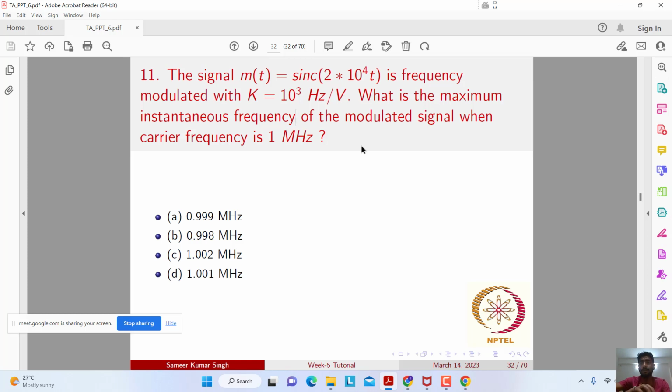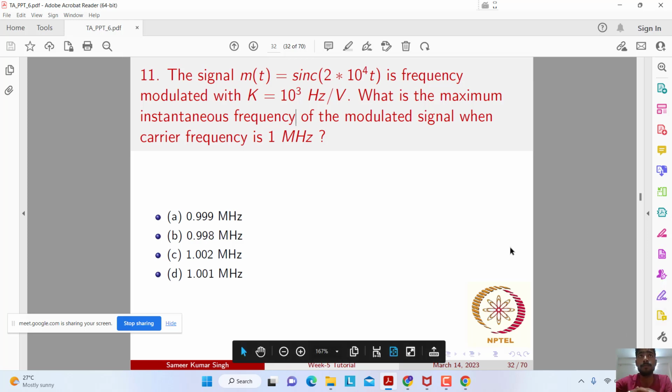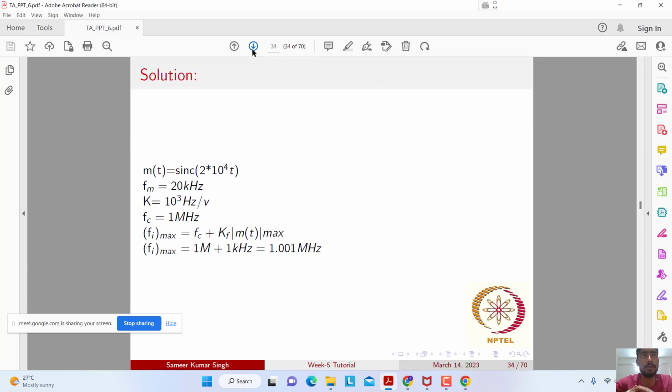Let me check. I think it's sinc. No, no. If it's sinc, you just have to take the fm now. sinc t, sinc x, you can write sin(pi x) upon pi x.